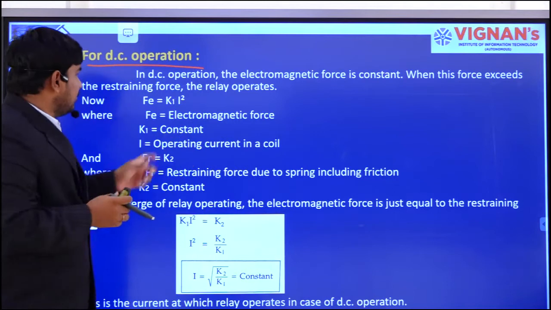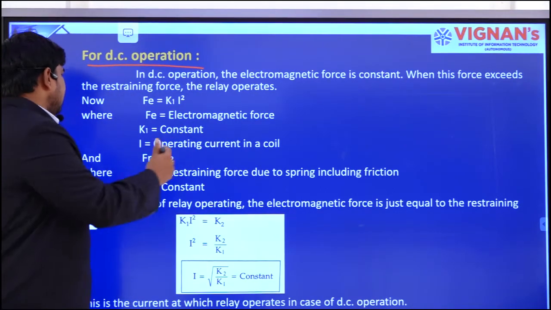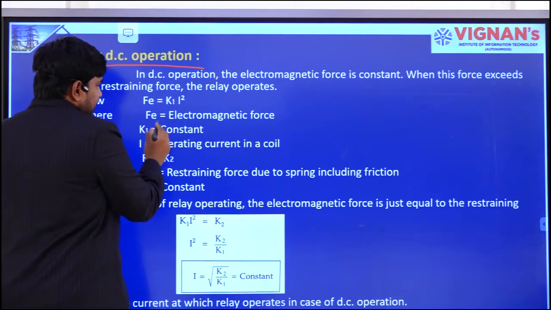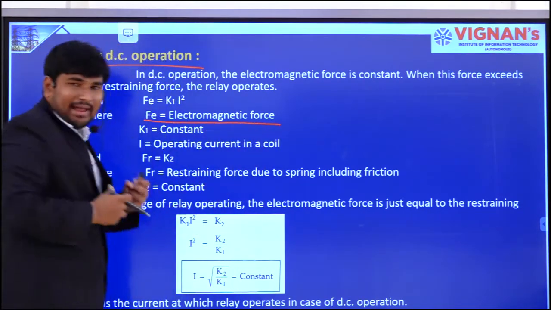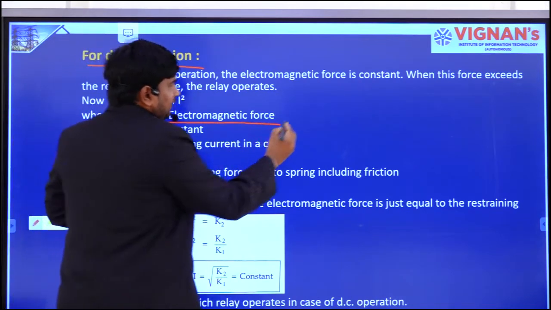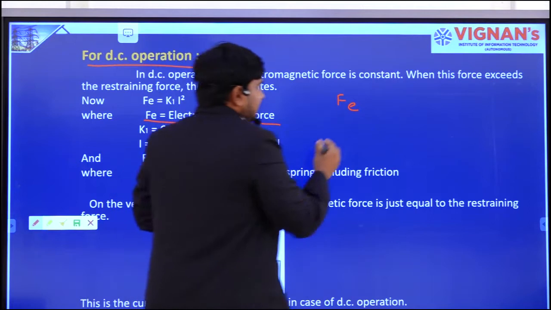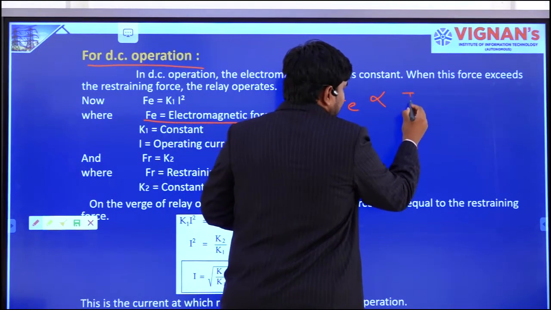Let us see here. Let me give some notations. Fe is the electromagnetic force. The electromagnetic force generated in attraction type relays is directly proportional to I square.